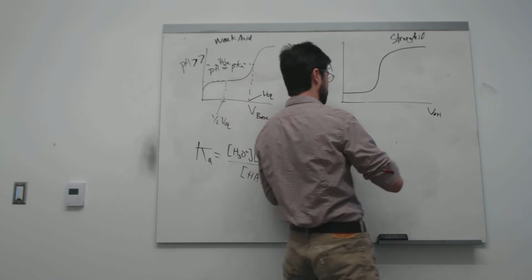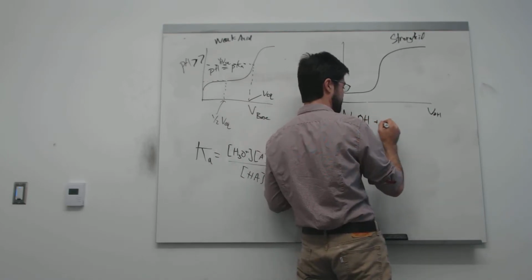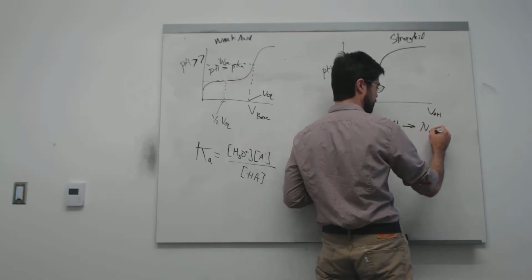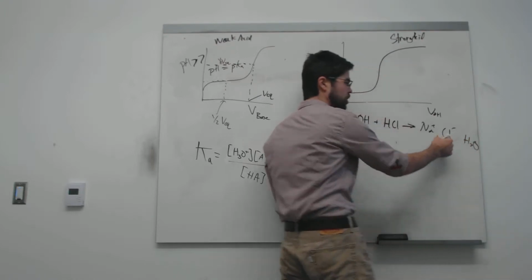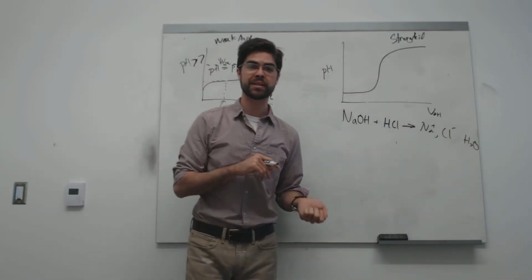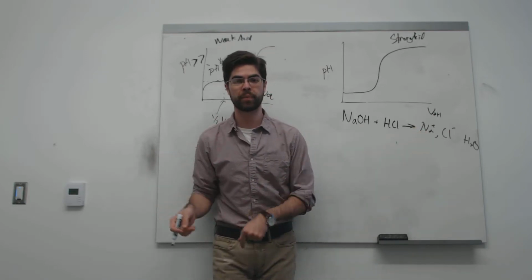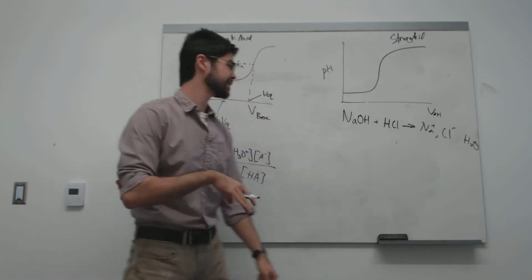For example, we had sodium hydroxide reacting with HCl. We get sodium plus, chloride minus, and water. Chloride is the conjugate base of a strong acid, and sodium is the conjugate acid of a strong base, meaning that neither of them is very acidic or basic.